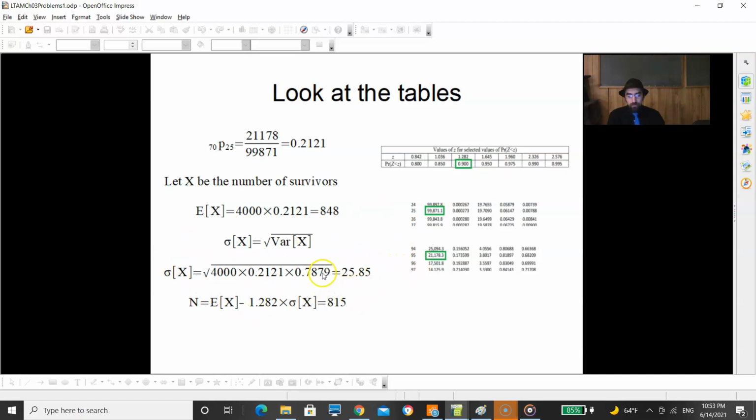Crunch the numbers here, and you get 25.85. If n is what you're looking for, the critical value you're looking for is 1.282. And so you crunch the numbers and you get 815.